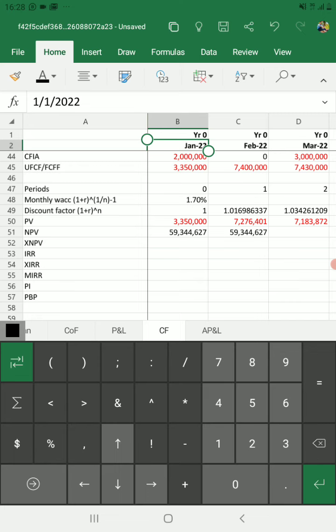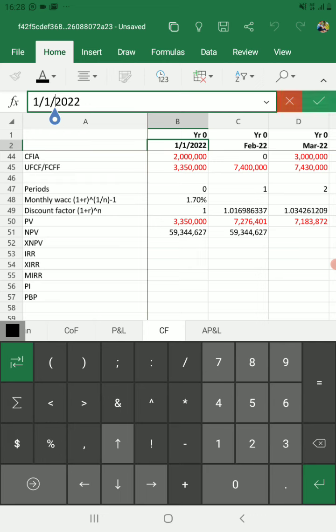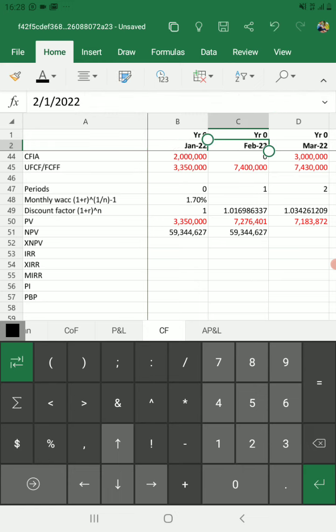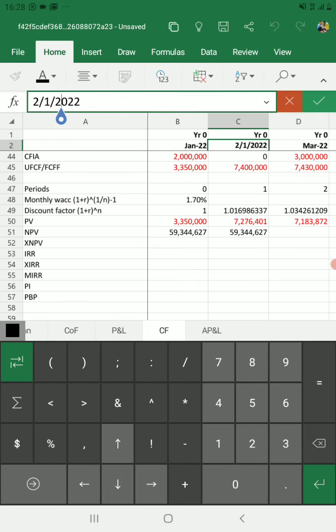Okay, so if we want to take a timing of the cash flow, it should be the midpoint of the month, and that is on the 15th. So on the 15th of each month, we assume that is the timing for our cash flows to hit during the month. For January, instead of 1 here, I adjust it to be 15. The same in February, instead of 1, it becomes 15th.